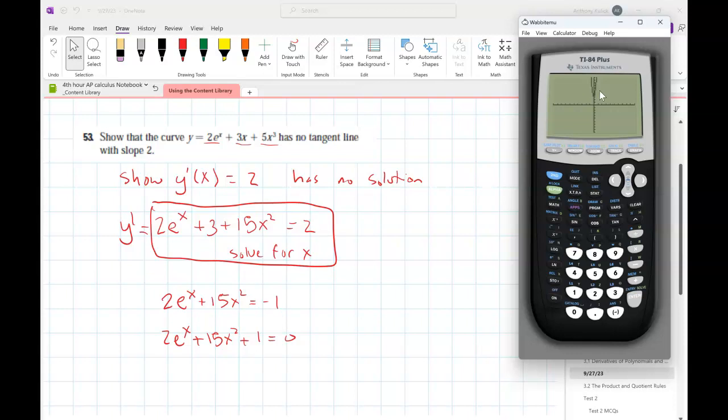Now, how would I graph this with no calculator? You wouldn't. What I would use is the intermediate value theorem to do this.